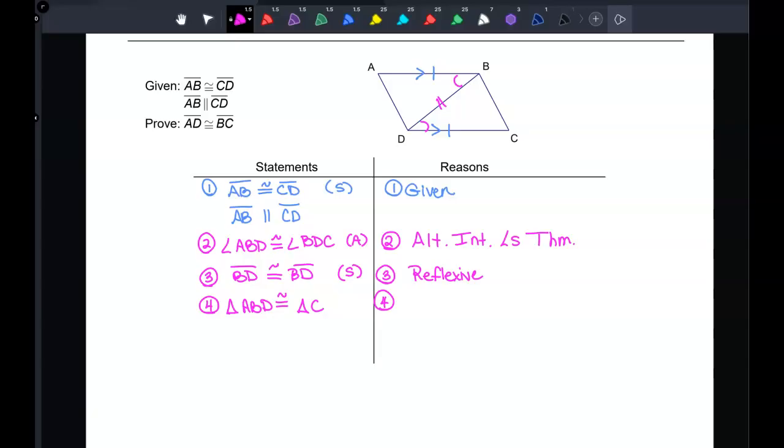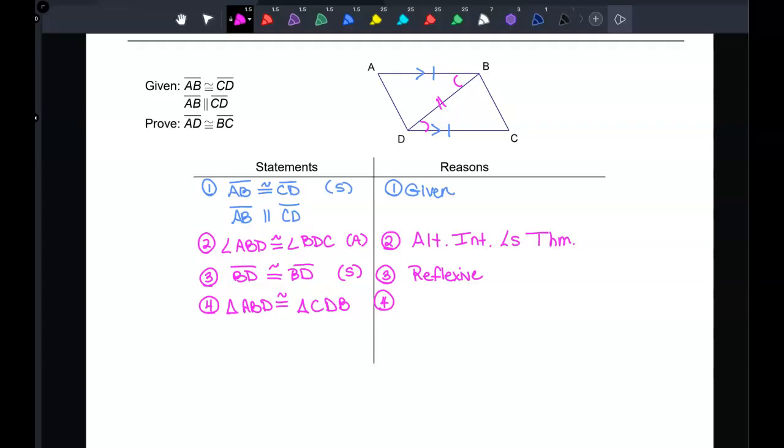Why is it CDB and not CBD? Because you're talking about the angle on that side. Remember I said the order matters.